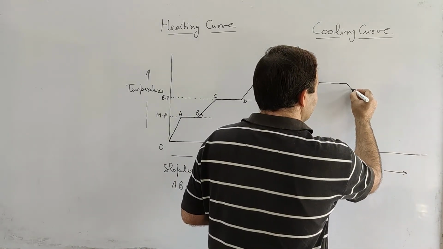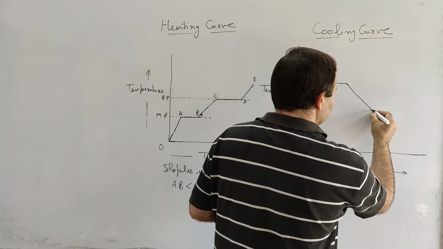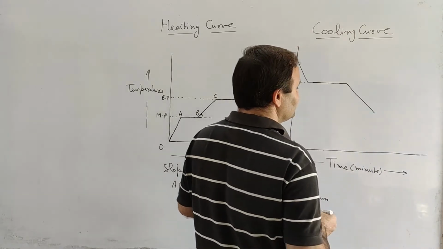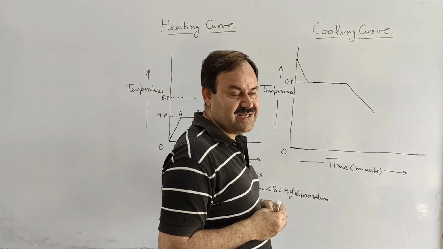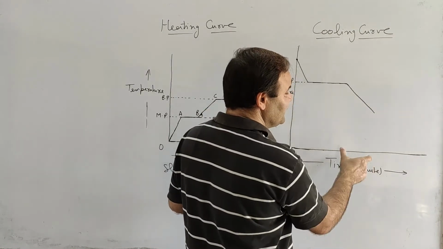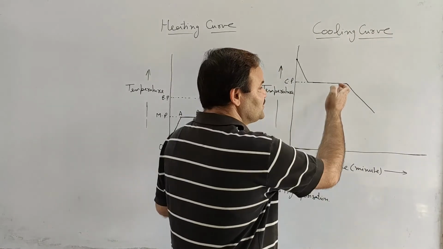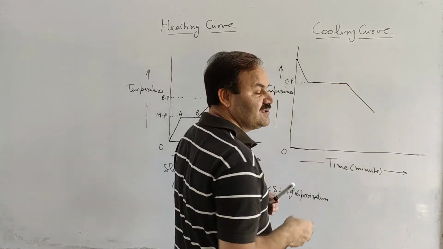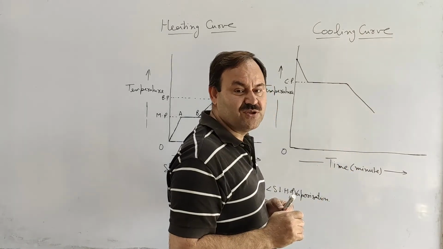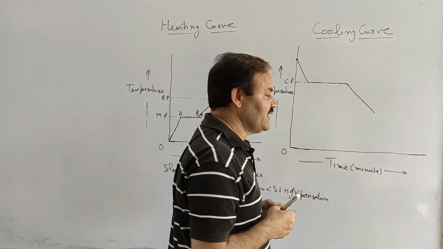And since the specific heat capacity of liquid is comparatively large, the slope of this part will be comparatively less, meaning more time will be taken to bring the temperature of the liquid from its condensation point to its freezing point.